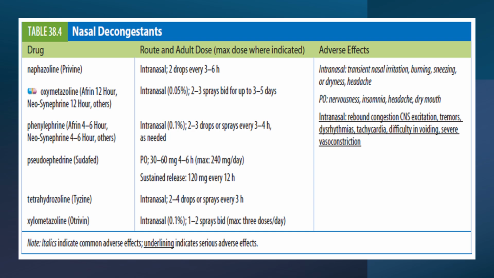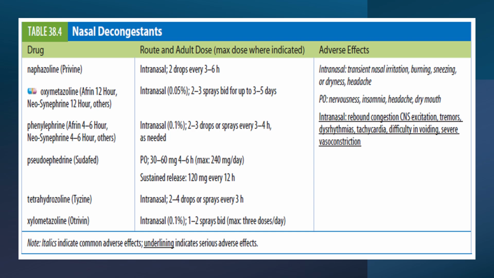The most serious limiting side effect of the intranasal preparations is rebound congestion, a condition characterized by hypersecretion of mucus and worsening nasal congestion once the drug effects wear off. This can lead to a cycle of increased drug use as the condition worsens.